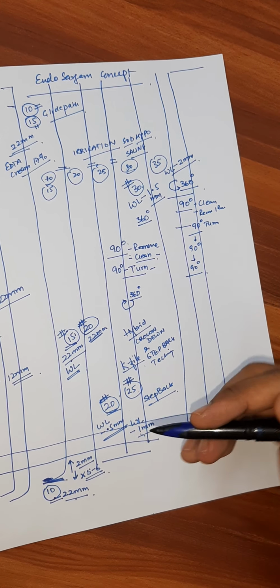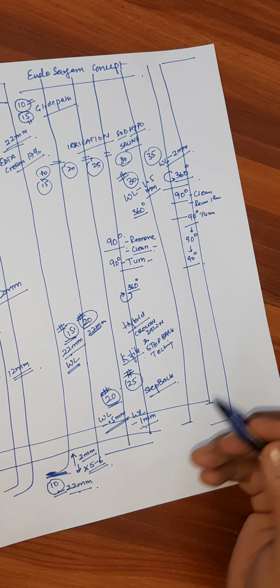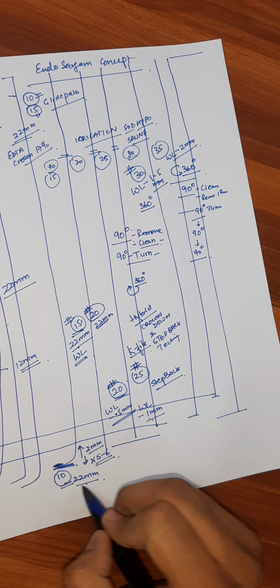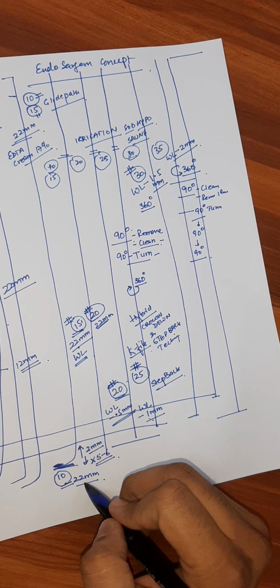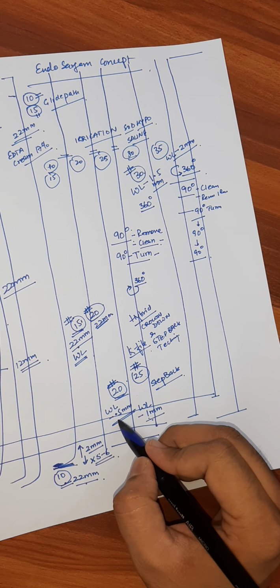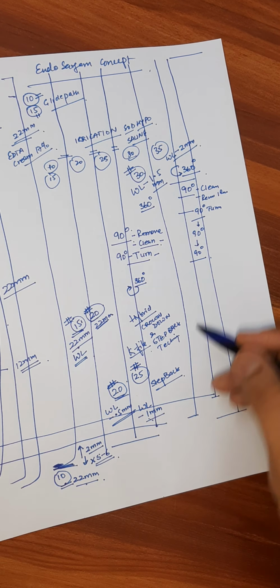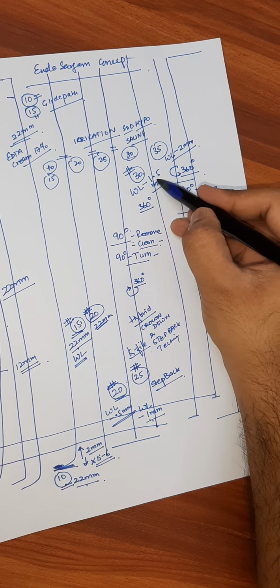What I am asking you to do is a step back in a programmed manner. Reach 10 number with full working length, 15 number full working length, 20 with working length minus 0.5 mm, 25 with working length minus 1 mm, 30 with working length minus 1.5 mm, and 35 with working length minus 2 mm.